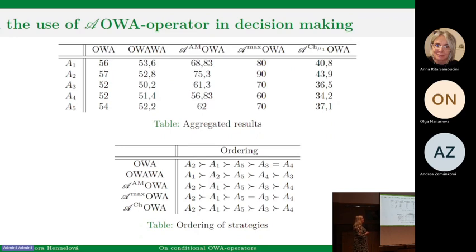But, for example, the OVA operator prioritized option A1 before A2 and A4 before A3. Our conditional over operator, when we consider the arithmetic mean and the Choquet integral, could distinguish between all options.